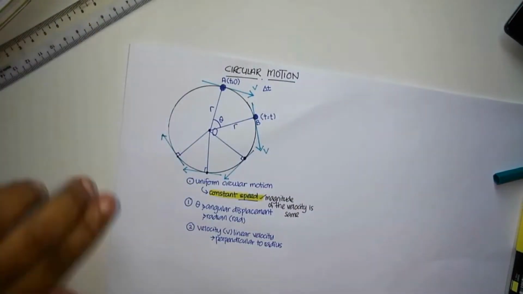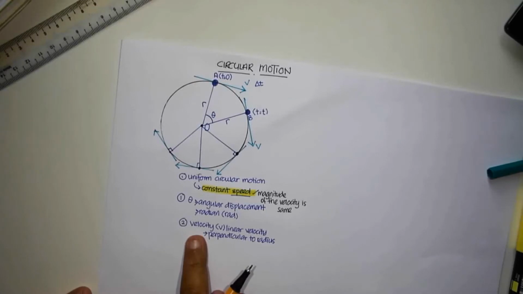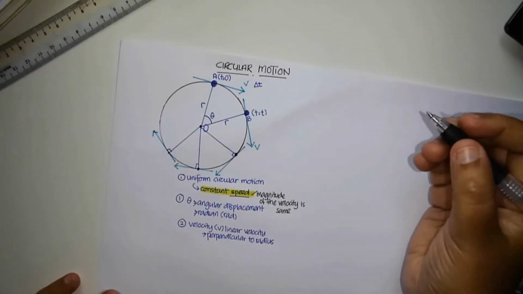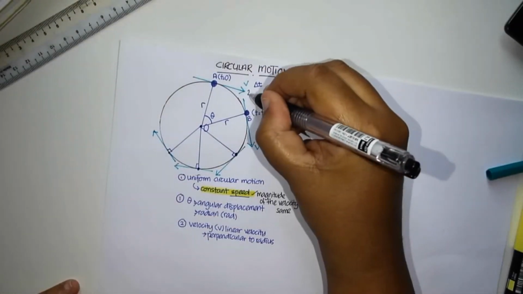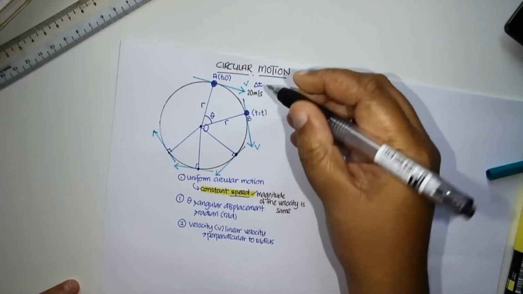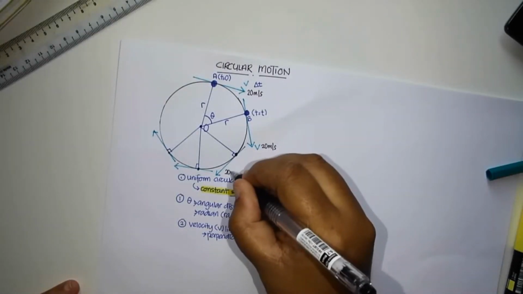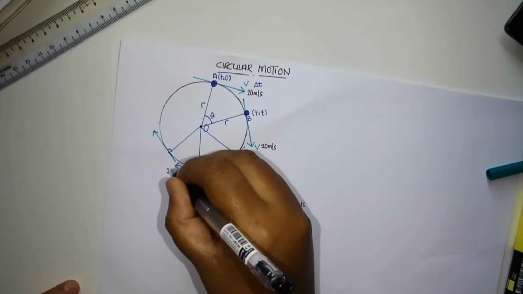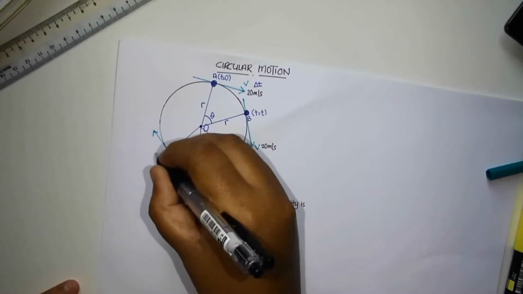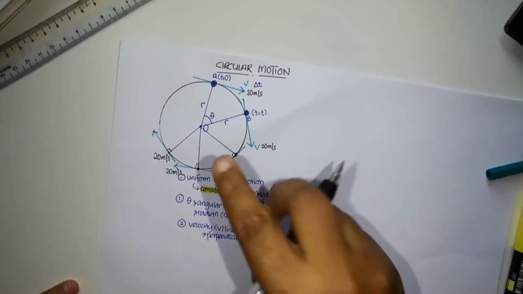So you realize that even though it's a velocity perpendicular to the radius, if I give an example, here is 20 meters per second, here also is 20 meters per second, and so on.